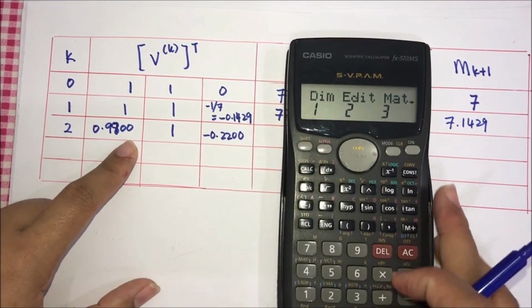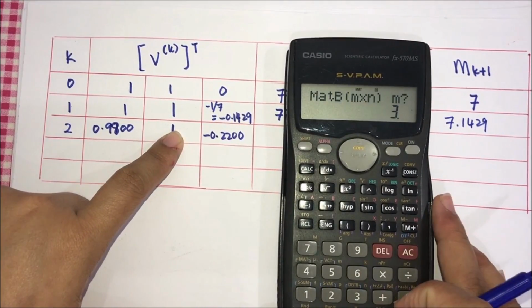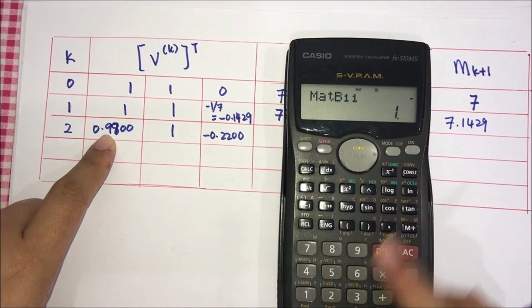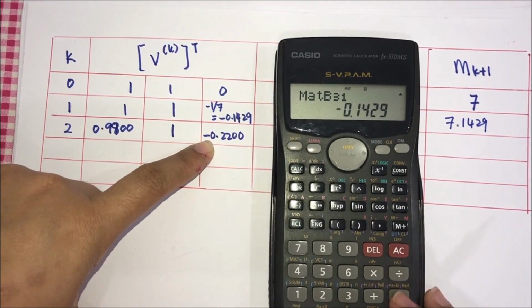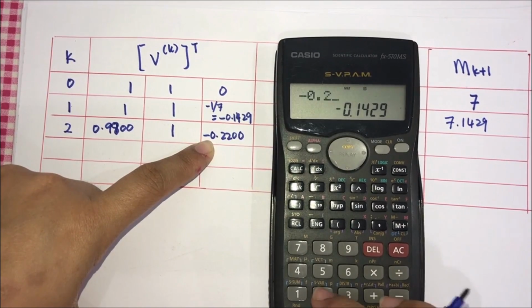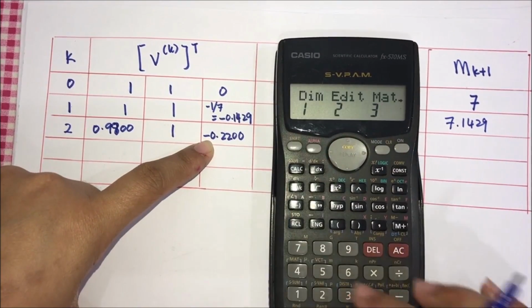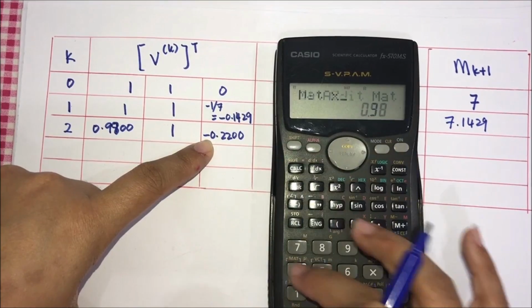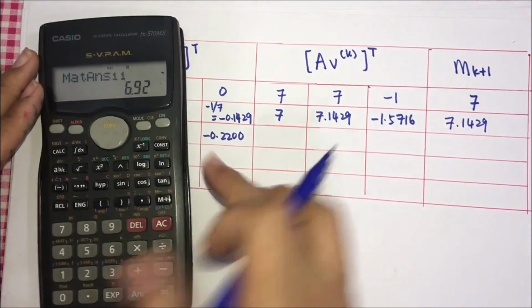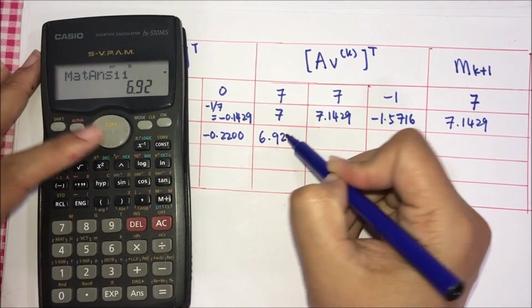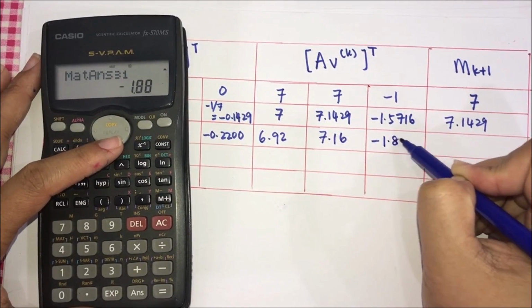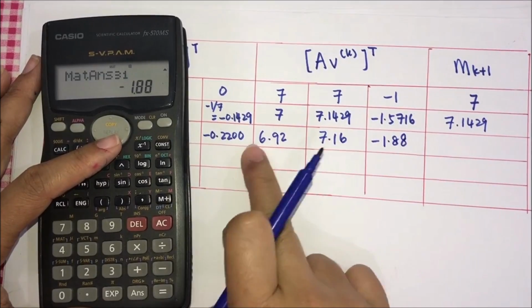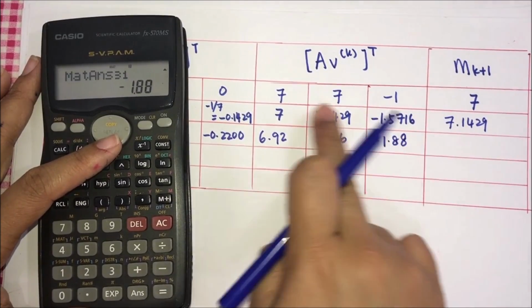Now change matrix B again: 0.98, 1, negative 0.22. Matrix A times matrix B, so we get 6.92, 7.16, negative 1.88. Taking the modulus, choose the dominant.